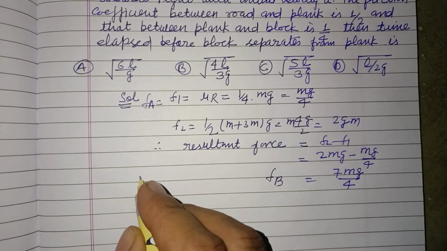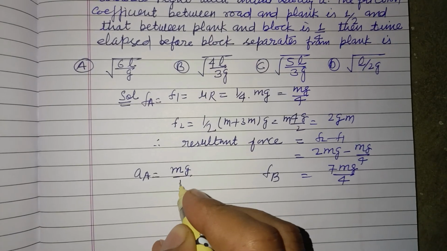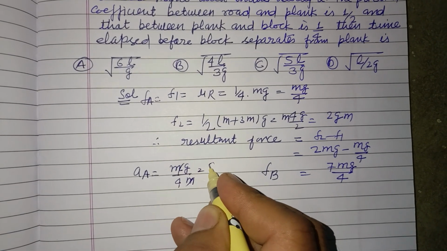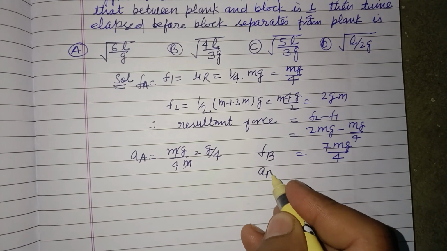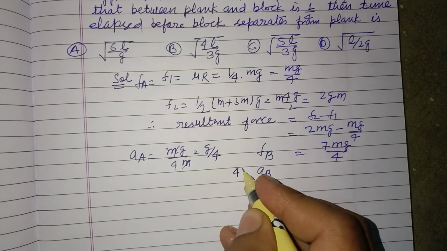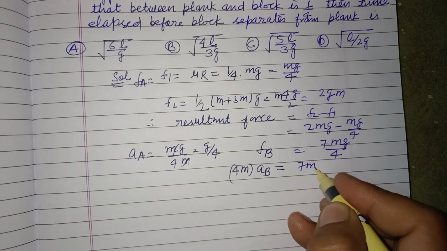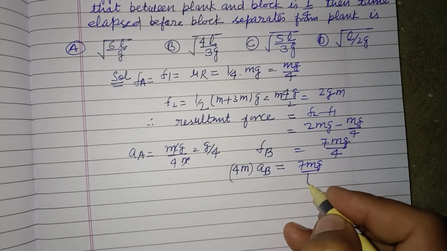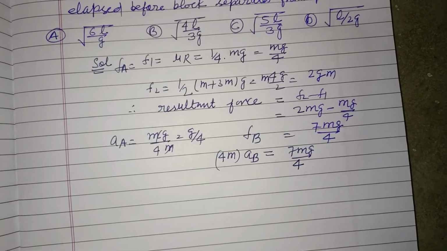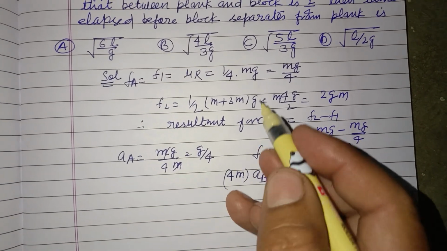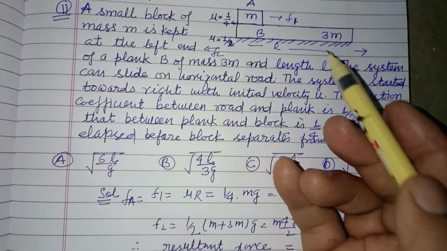So the acceleration of A equals (mg/4) divided by m, so this is g/4. And the acceleration of B is (7mg/4) divided by the mass of B. The mass of block B is 3m only, not 4m.